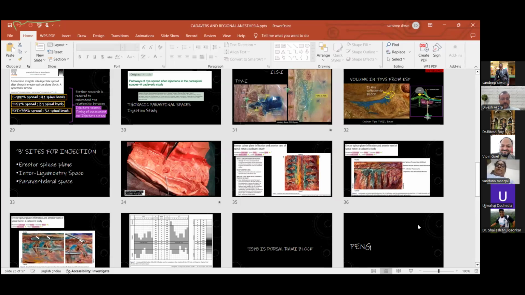Now, the other explanation is the animal experiments which they have come out with. When you inject dye in the ESP plane, they have found this dye in pigs in the lymph nodes, along the sympathetic chain, along the intercostal nerves as well.